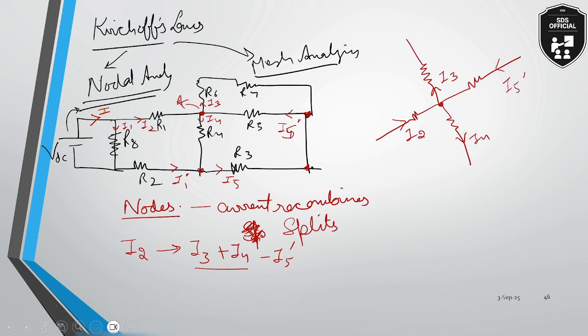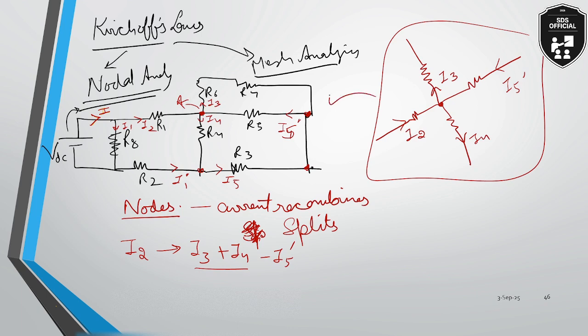Can you relate this particular figure with this node number A? Yes, sir. Okay. Now, what is happening? Two currents are approaching the node number A and two currents are leaving the node number A.